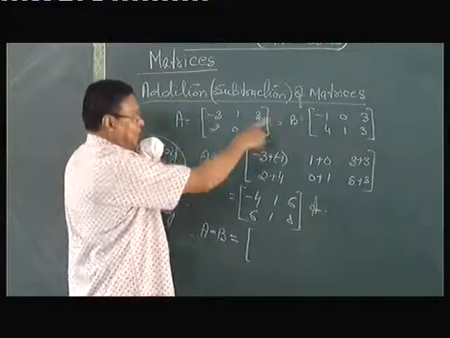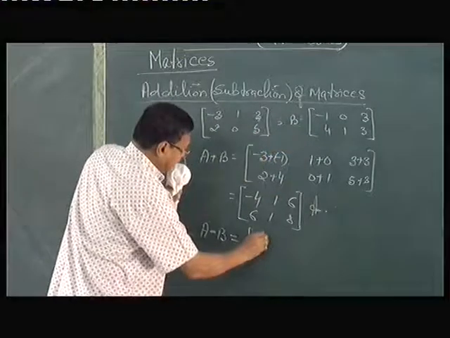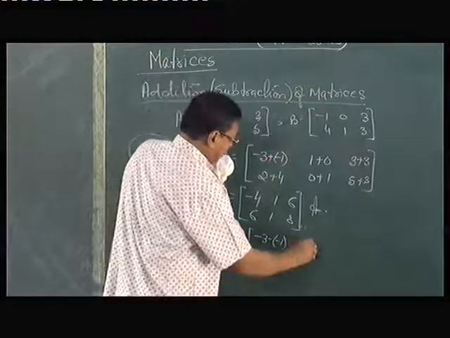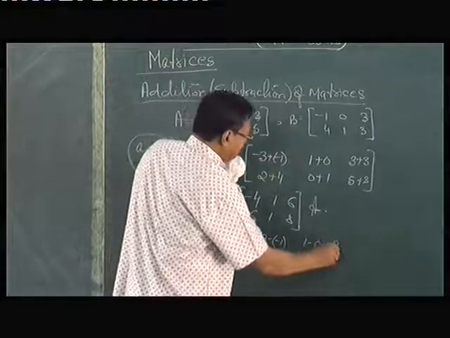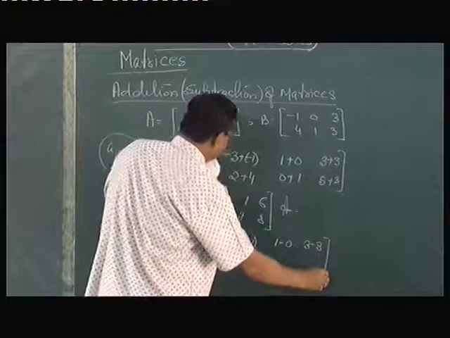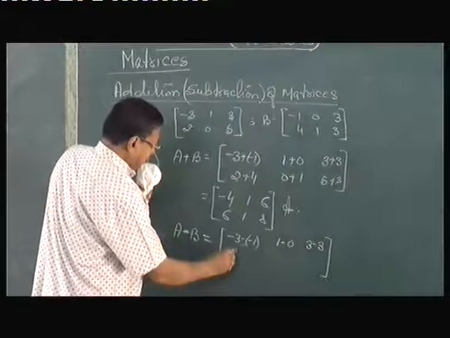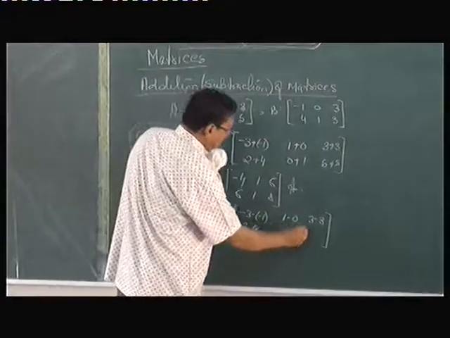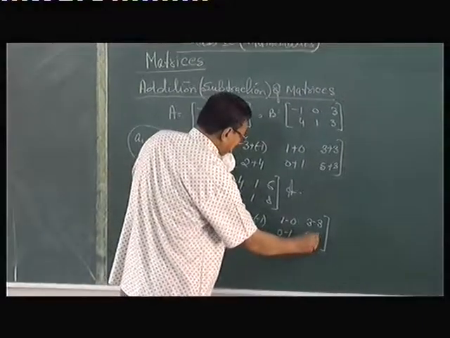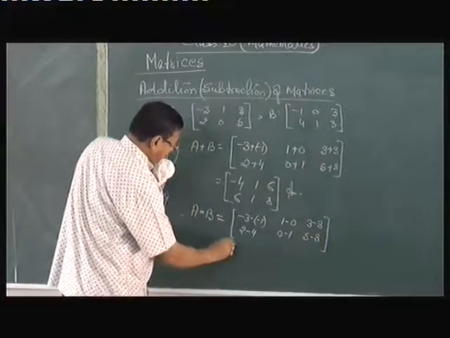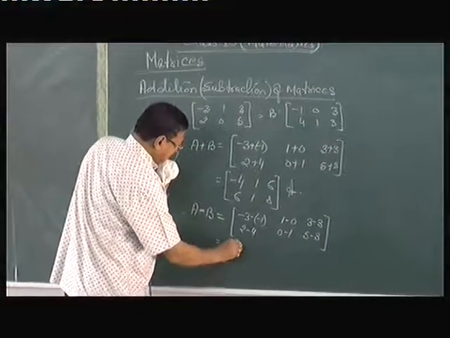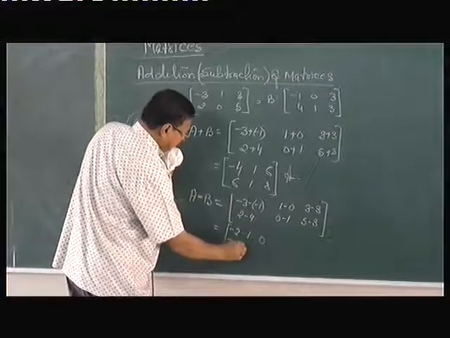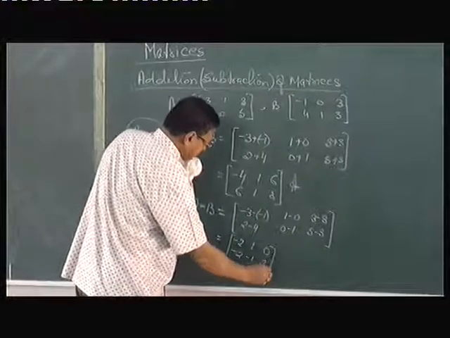Minus 3 minus minus 1. 1 minus 0. 3 minus 3. 2 minus 4. 0 minus 1. 5 minus 3. So it comes to minus 2, 1, 0, minus 2, minus 1, 2.